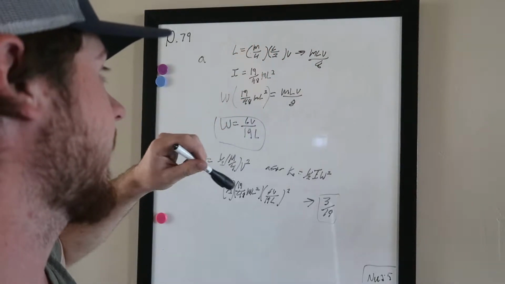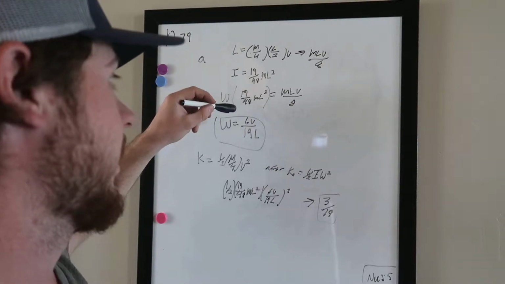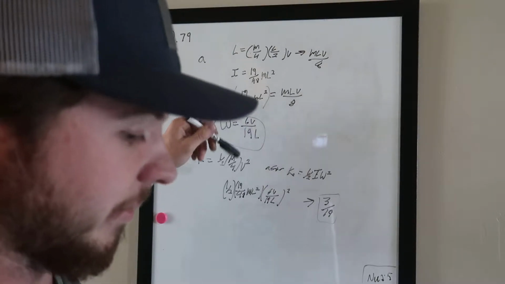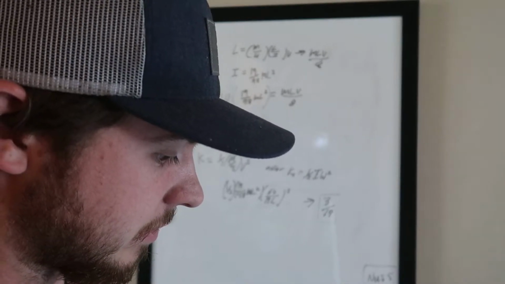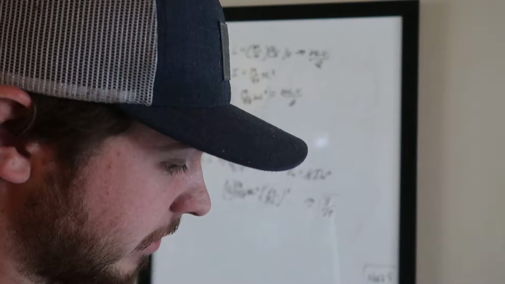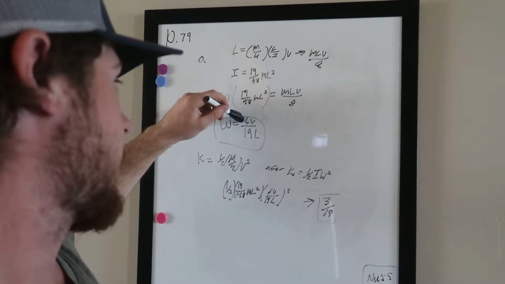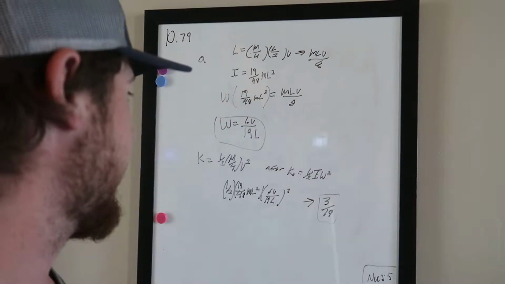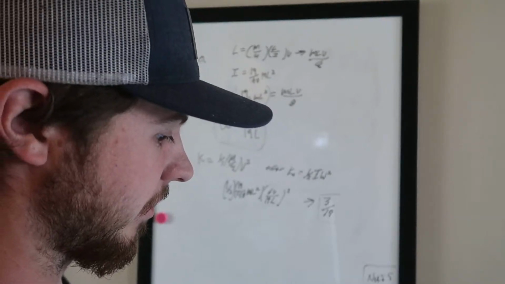And so if we solve for the angular velocity, sorry, I have to look at my notes, I can't even read my own handwriting. Yeah, so we get 6 times the velocity over 19 times the length, and so that's going to be your angular velocity.